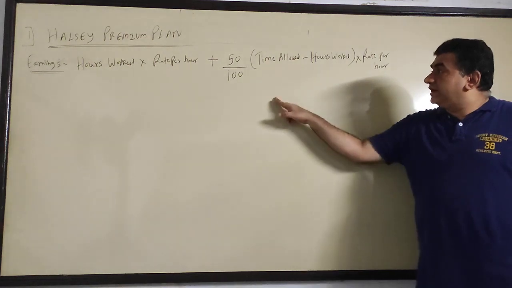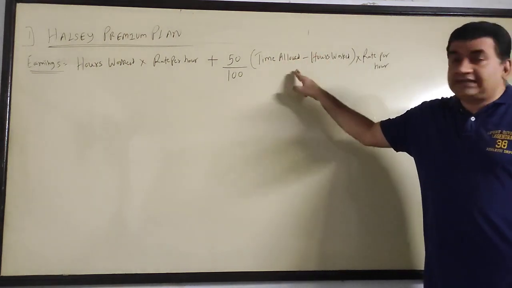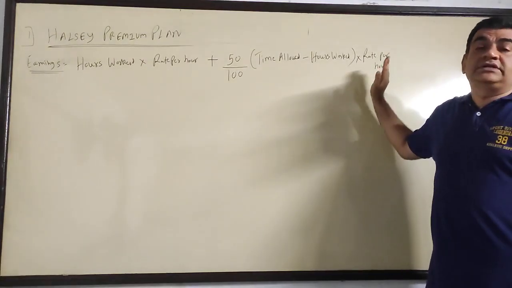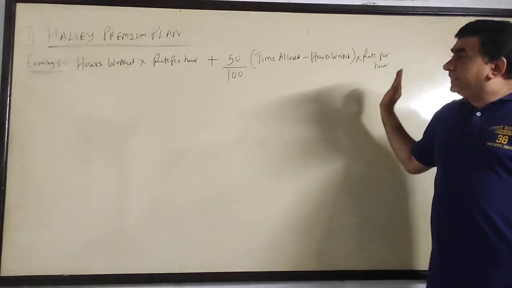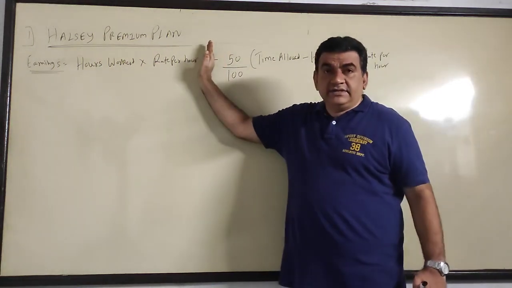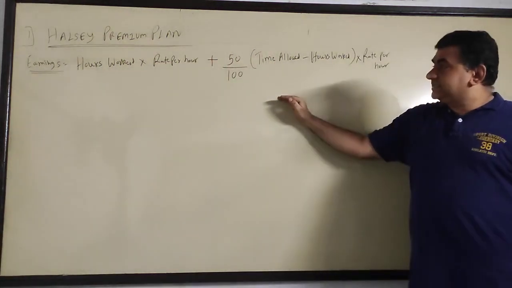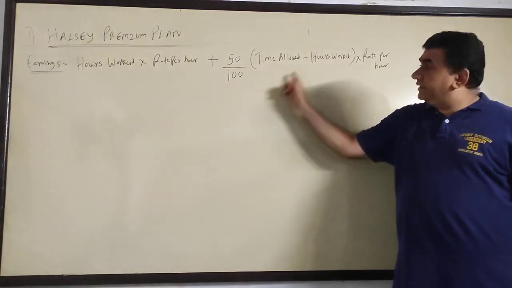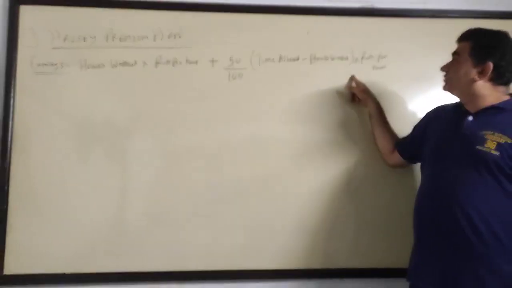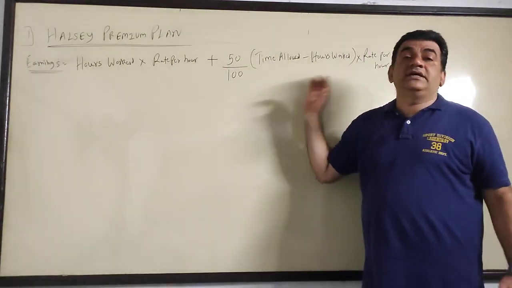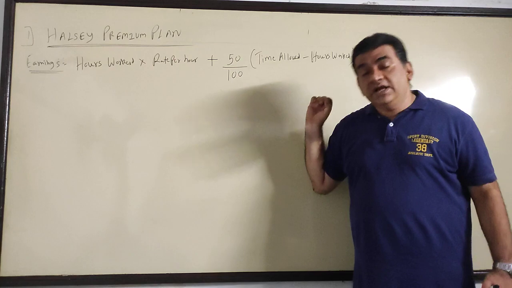So 50 upon 100, brackets, time allowed minus hours worked, into the rate per hour. So this is the first part, hours worked into rate per hour, plus half, 50 upon 100, time allowed minus hours worked into the rate per hour. This total will be the payment for that particular worker.